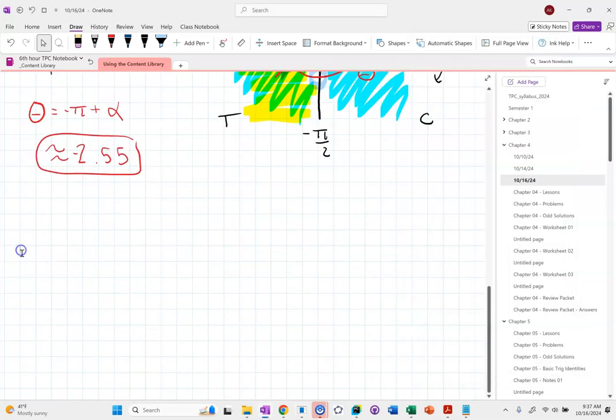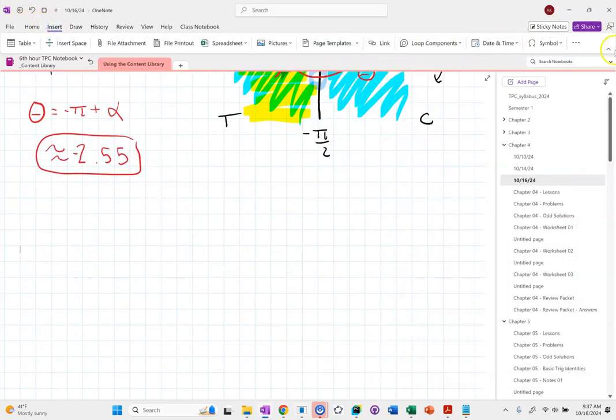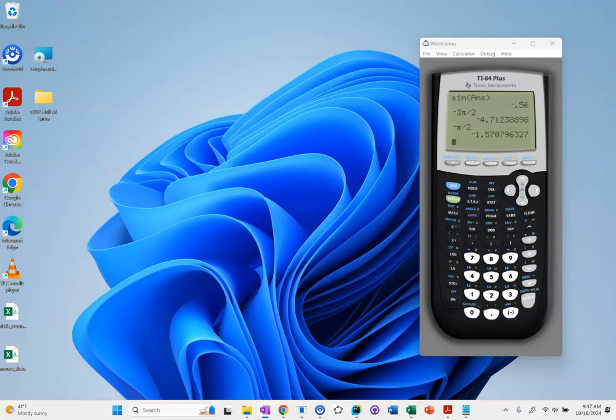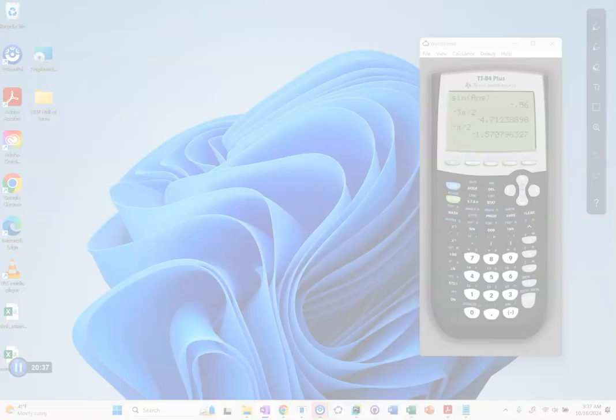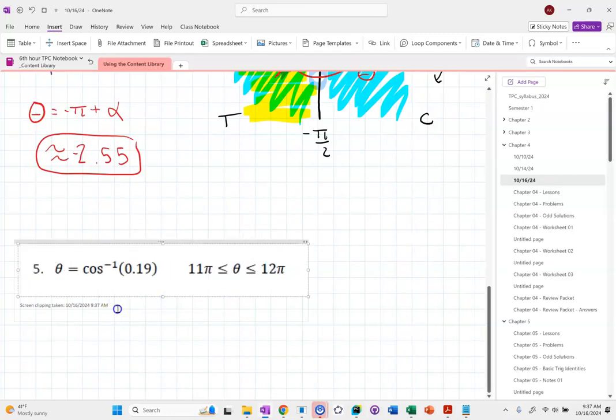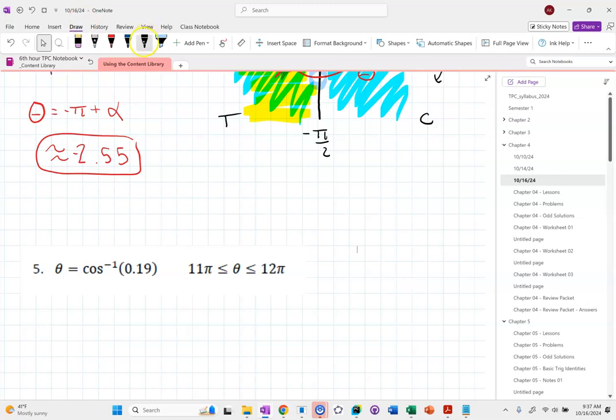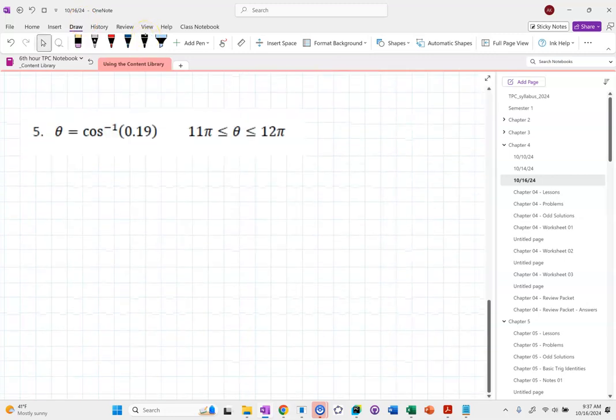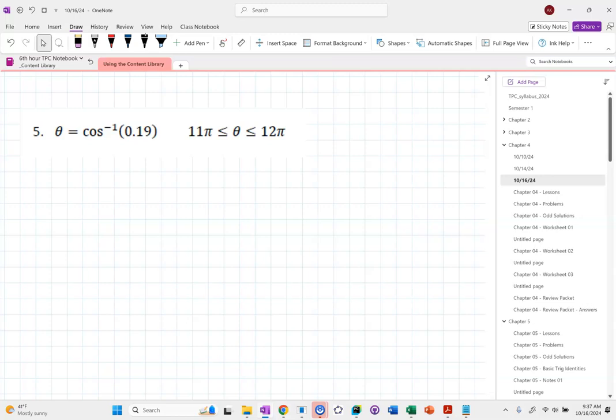I think 5 is the most annoying one, just because of the counting piece of it. All right.